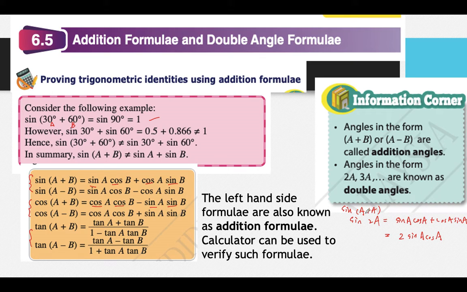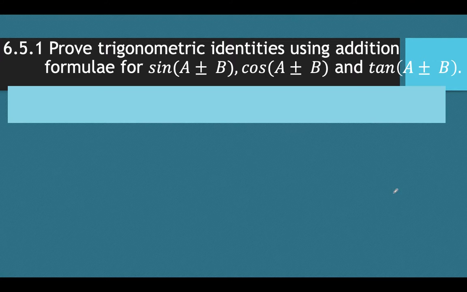Sine of A plus A will be sine A cos A, cos A sine A. Both are A, so label A inside. Sine multiply cos and cos multiply sine are the same, so these two make 2 sine A cos A. So this is the double angle.